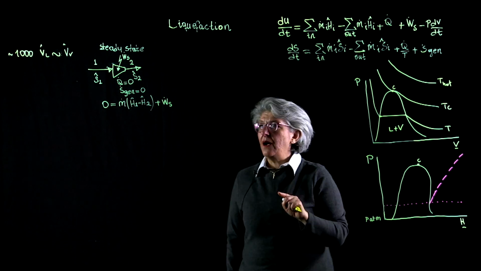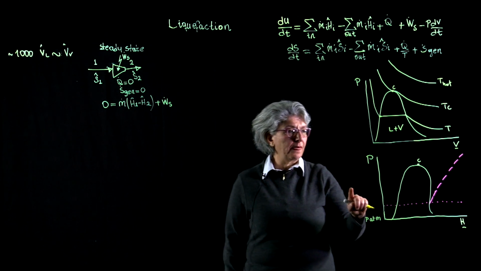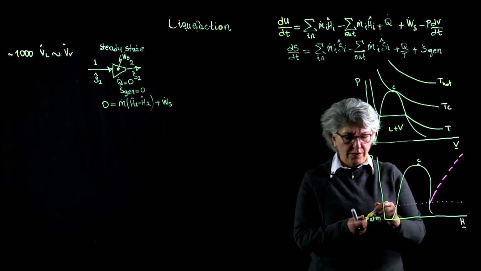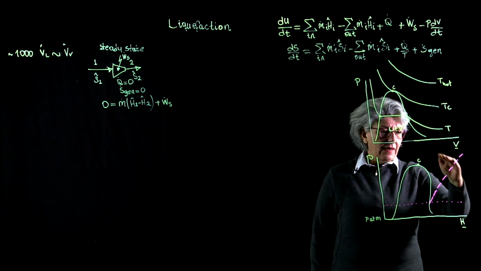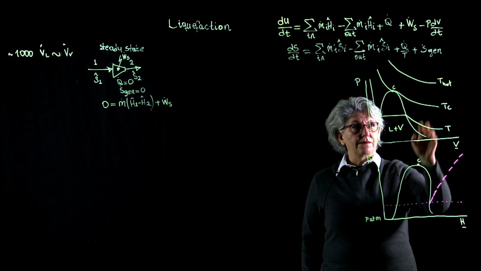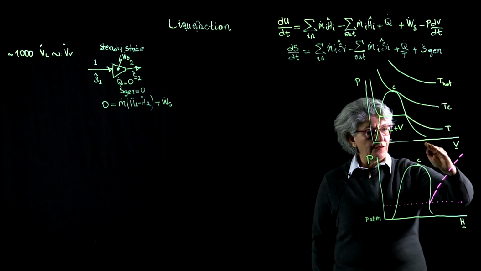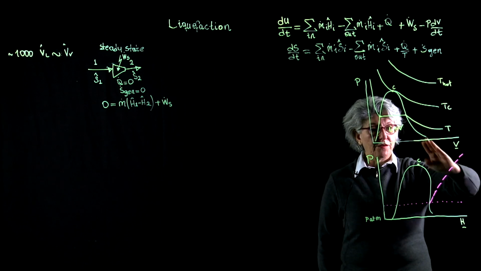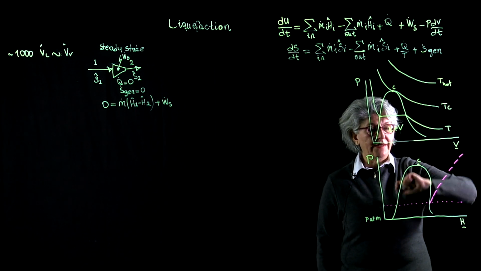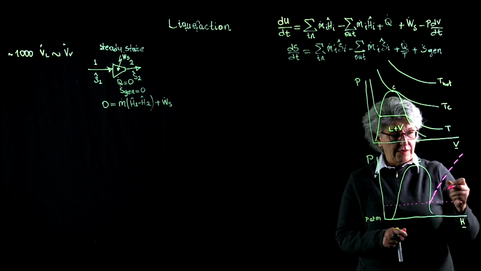Now let's see how it looks on the PH diagram. The isotherm for the room temperature should be coming from higher than the critical point.